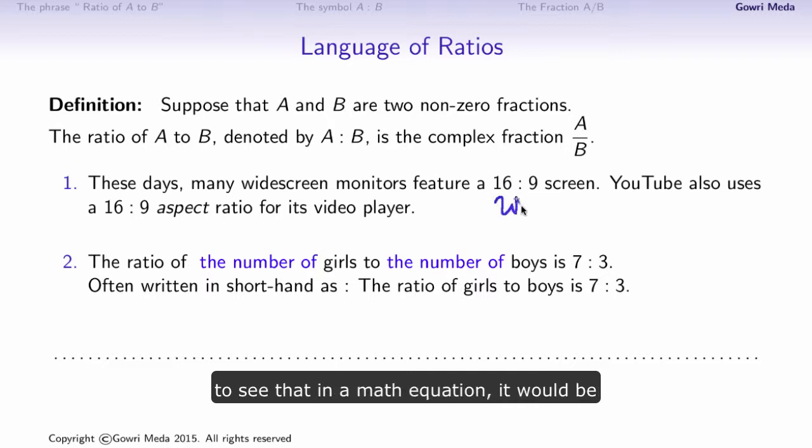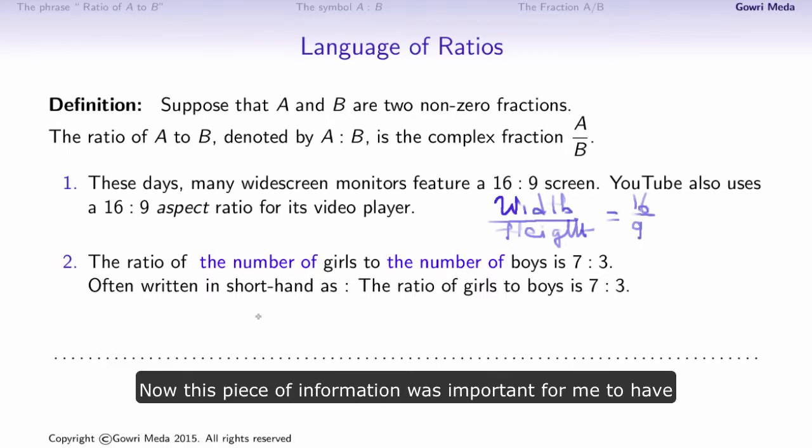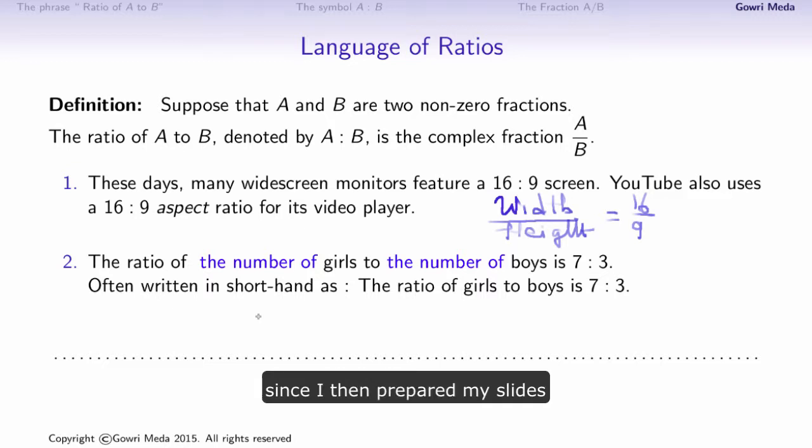If you prefer to see that in a math equation, it would be width over height equals 16/9. Now this piece of information was important for me to have, since I then prepared my slides in the 16:9 ratio.